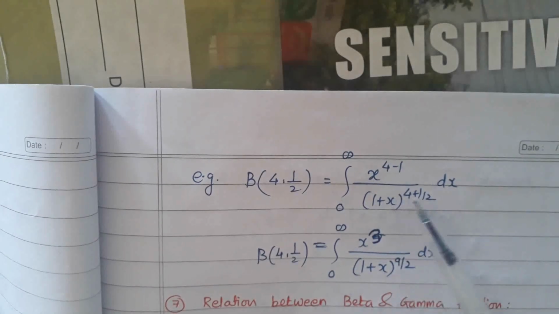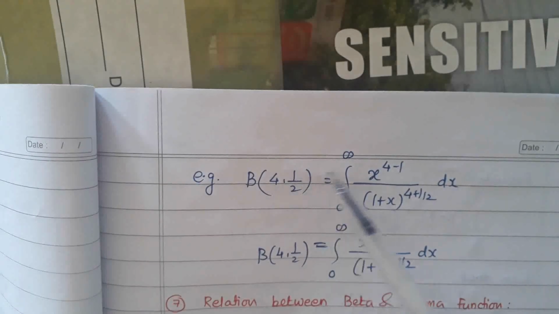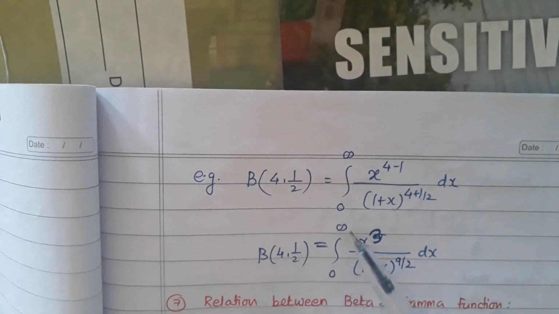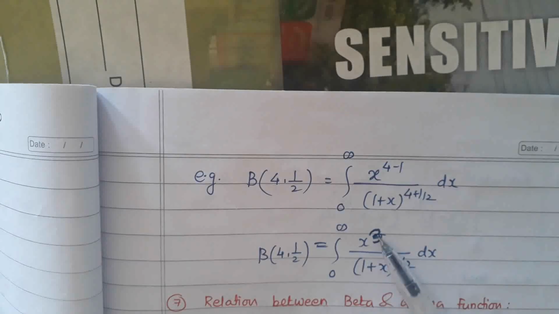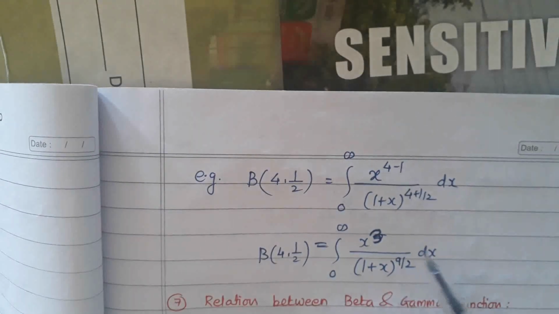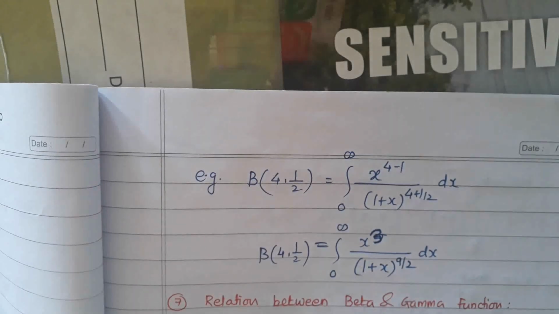Here (1 plus x) raised to m plus n, so you can write this as 4 plus 1 by 2 dx. So beta(4, 1 by 2) in integral form is the integral from 0 to infinity of x raised to 3 upon (1 plus x) raised to 9 by 2 dx. That means you can write this integral in beta notation form.